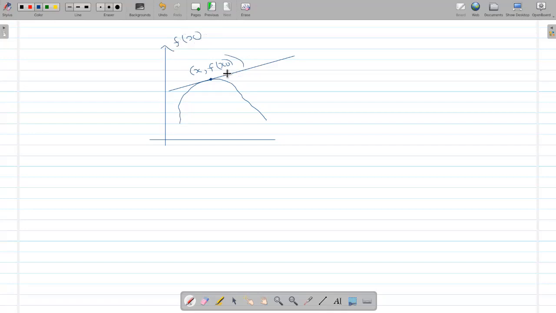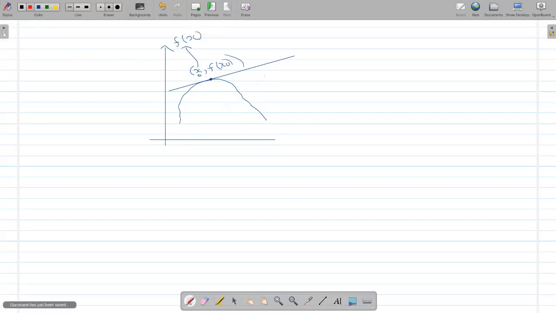So the y coordinate we can find by plugging the x coordinate x naught into this function. Now we need the slope of this line, but what we do, we go h units.